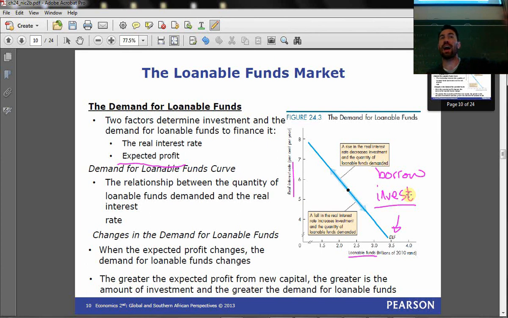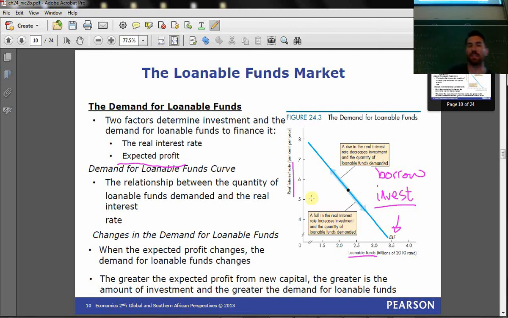If I'm borrowing at a high interest rate, I can't invest in low return investments. But if I can borrow at a low interest rate, I can. So the lower the interest rate, the more I will borrow because the more I can invest. You get the idea? Downward sloping demand for loanable funds.